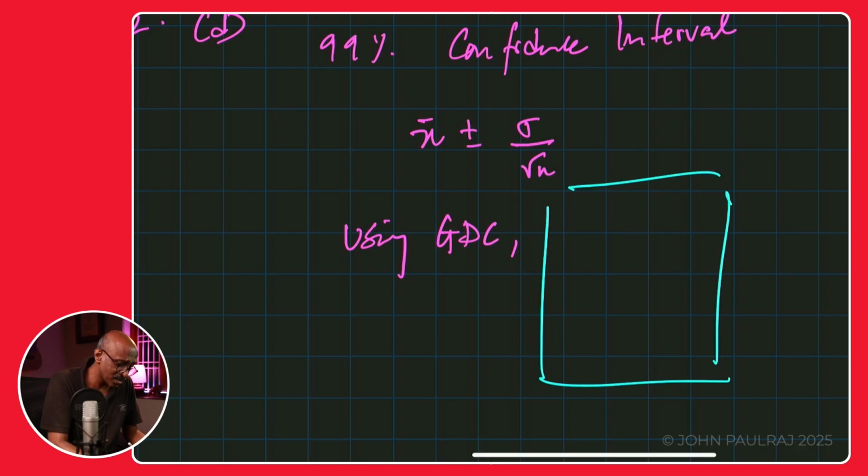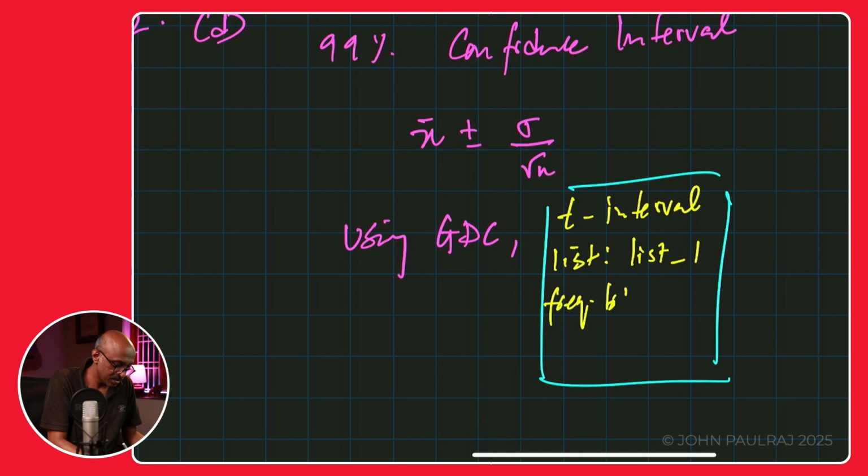So using GDC, what did you use? You used the t interval, and you had the list coming in from a list called list underscore one. You had the frequency list as 1, and the C level is 0.99.